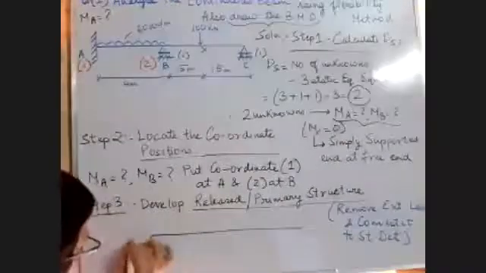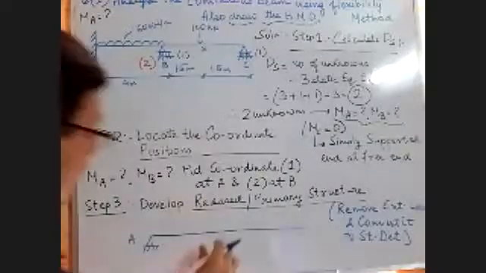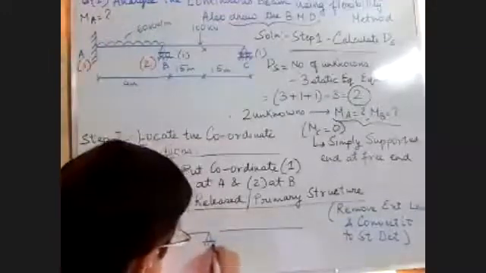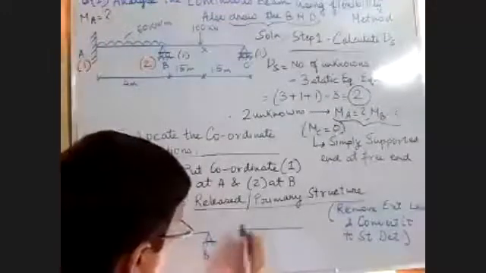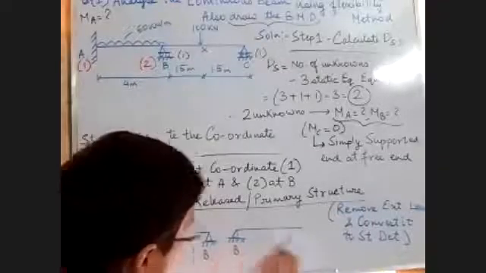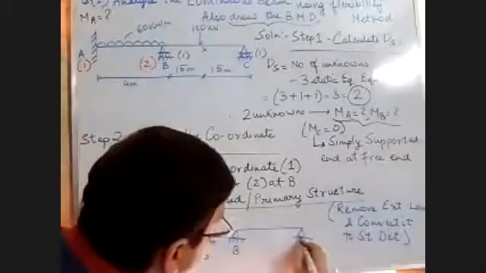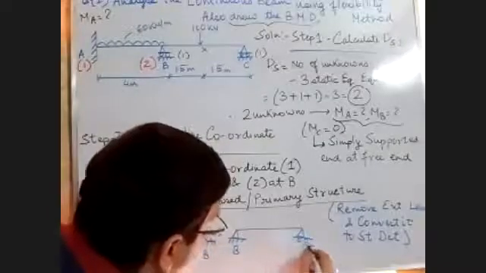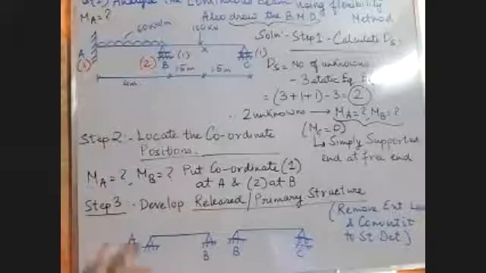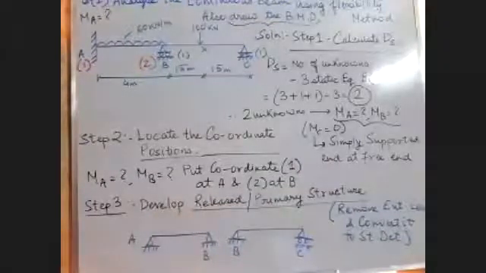So we have A here, we have B, and again in BC we have B, and we have C. Just develop the released or primary structure.